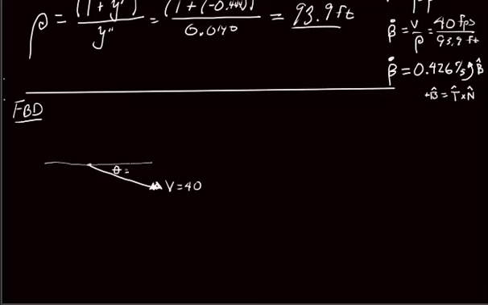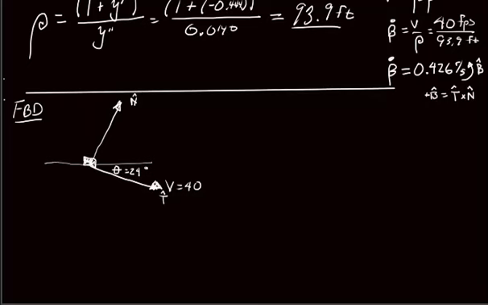That's theta, which we know is 24 degrees. Here's our mass m. And then perpendicular to that is the n hat direction. And this would be the t hat direction.